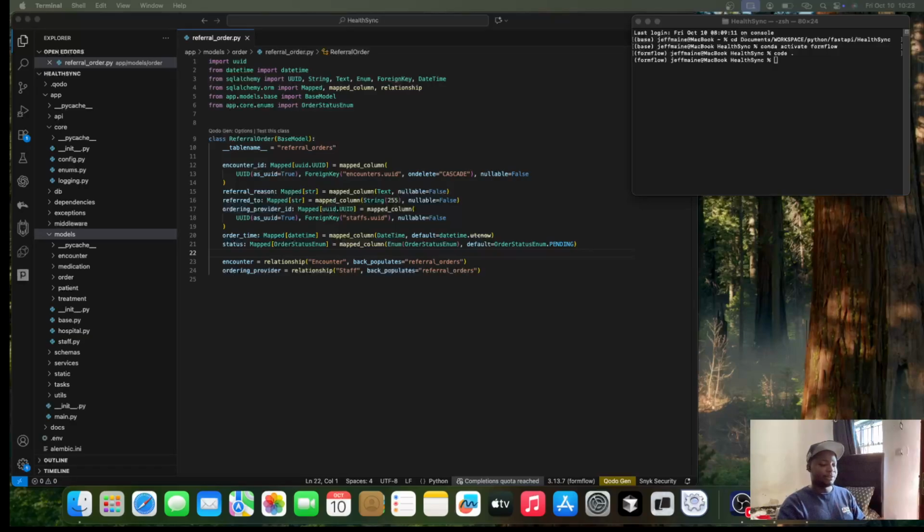You have security, JWT based token, tenant isolation, encryption of health data. Then we have the API gateway, that's like the central routing, tenant aware authentication and rate limiting.